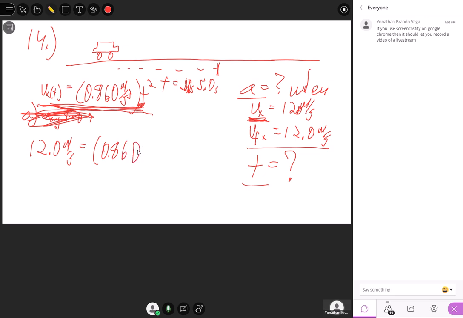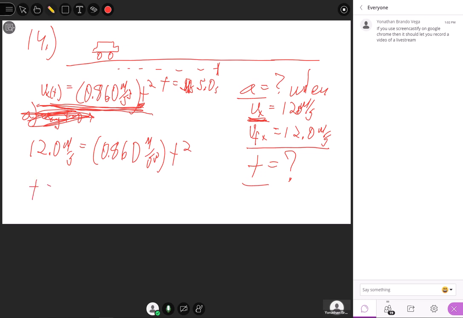Oh, excuse me. I'm getting ahead of myself. Let me make sure I'm doing this right. Yes, I am. Okay. That's 0.0860 meters per second cubed, t squared. All right, y'all, solve for t. So we wind up with what?